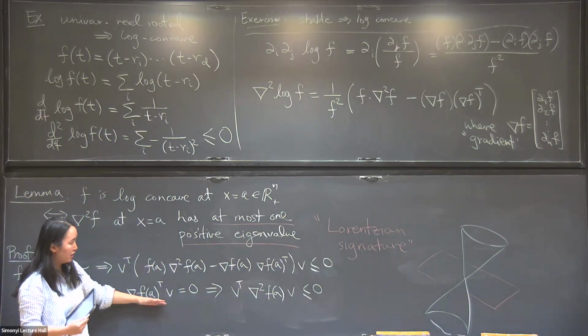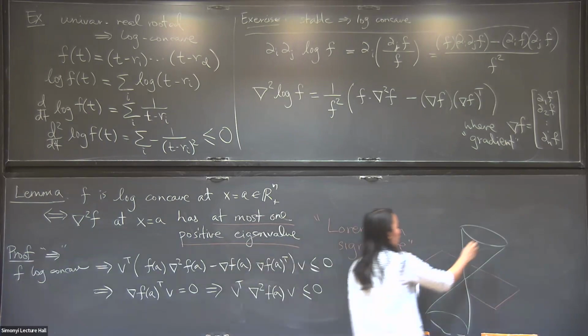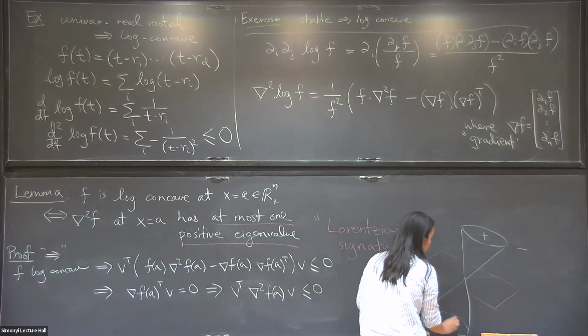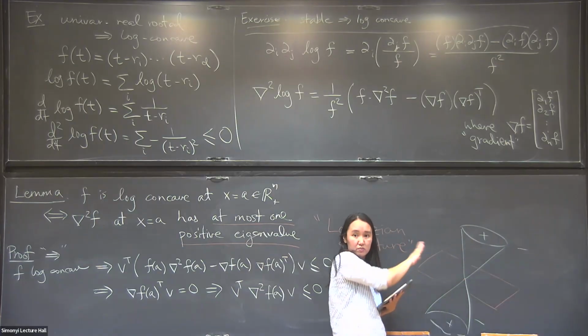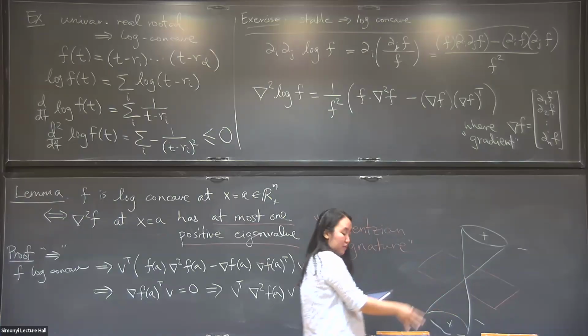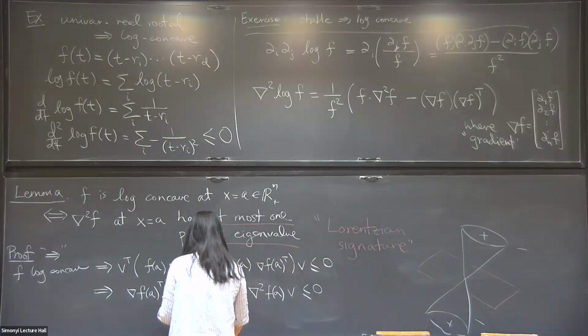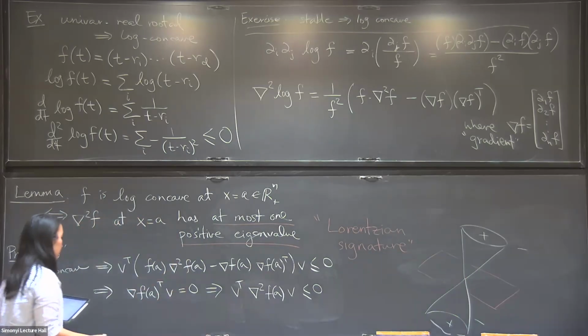So if you restrict to the hyperplane, it is not positive. If you have a quadratic form that is, say, positive here and negative here, and then you slice with the hyperplane, it's not meeting the inside of the cone. It's not meeting the positive region, it is in the negative region. They meet only at the origin.